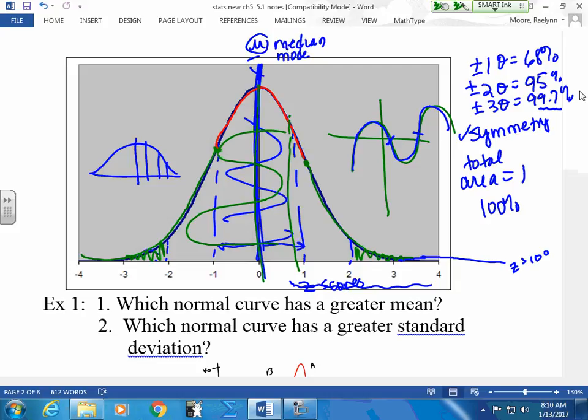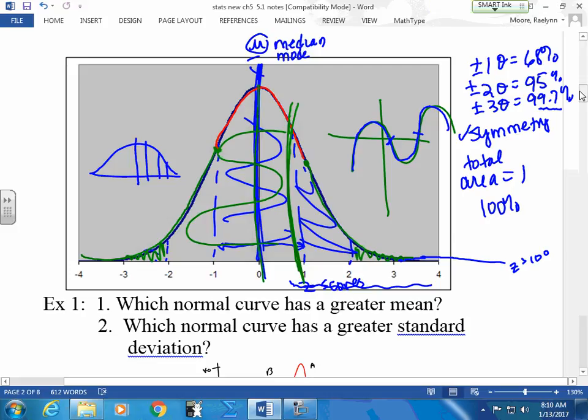If I'm at my cutoff, and I'm looking to the right, this area to the right, if you look at your graph, is it more than 50% or less than 50%? Less. So we're going to keep that in mind too, because our graph is going to help us.